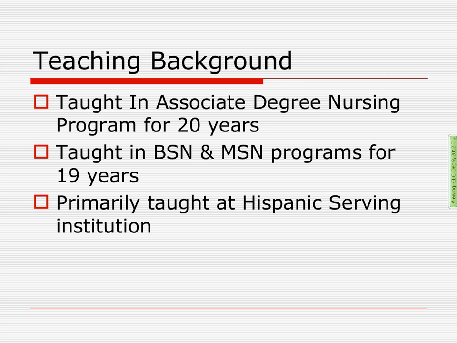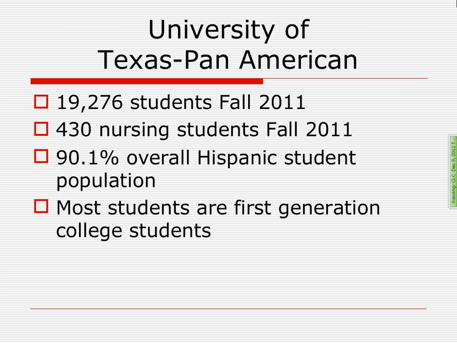The University of Texas Pan American is considered a Hispanic serving institution, and we have close to 20,000 students. It has grown very rapidly. In terms of our nursing programs, we have a bachelor's program and a master's program with a focus in nurse practitioner and educator roles. We have about 430 nursing students this fall.